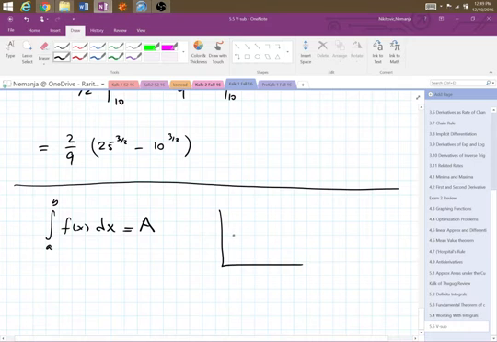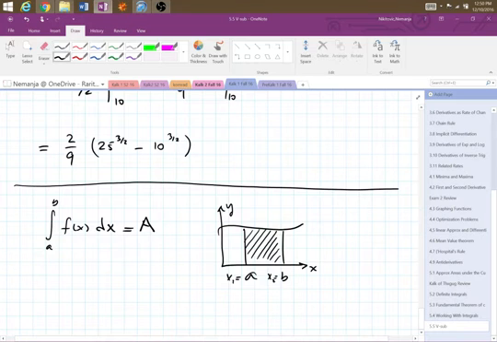So if I have something like this from a to b, this is the area we're talking about. Observe that this a is your x1 and your b is your x2. They're both x values.